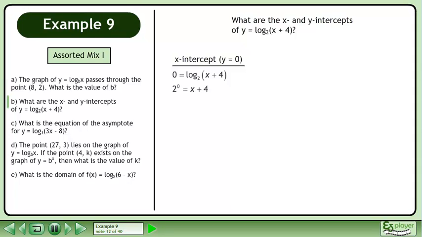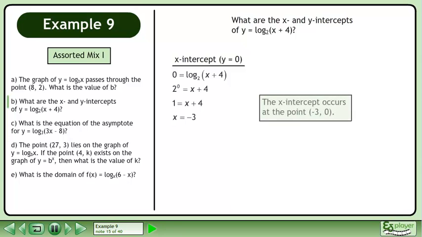Convert to exponential form. Two to the power of 0 equals 1. Isolate x to get negative 3. The x-intercept occurs at the point (-3, 0).